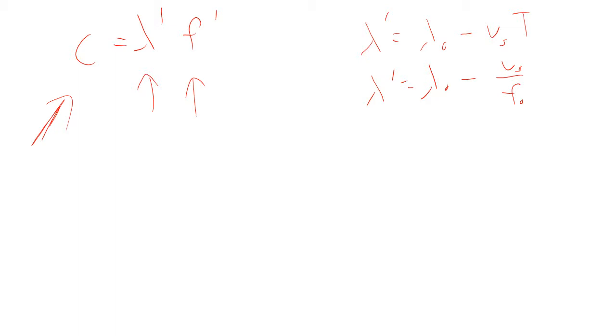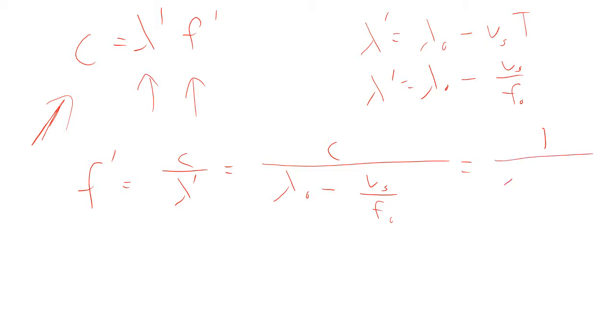If I want to find what you hear, let's solve for that. That's going to be c over lambda prime, so c divided by lambda naught minus v_s over f naught. If I divide top and bottom by c, that's 1 divided by lambda naught over c minus v_s over c f naught.